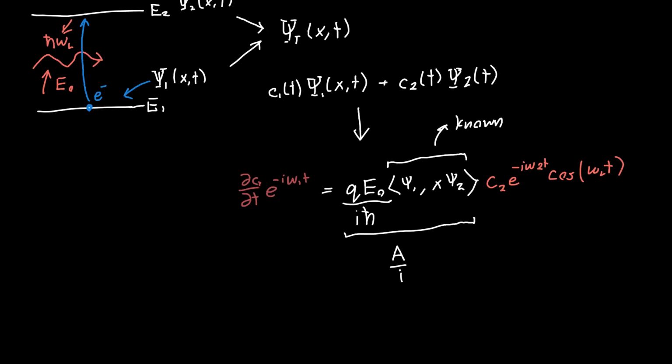And if we clean this up a little bit more, just in terms of C1 on the right-hand side, so dC1/dt is just equal to this coefficient, which includes all the non-time dependent stuff, times C2 times e to the i omega 1 minus omega 2 t, and then our cosine, so cosine of omega L t. And that's a little prettier, right?